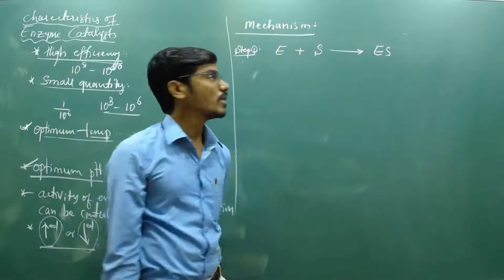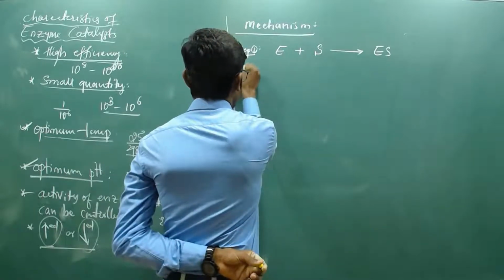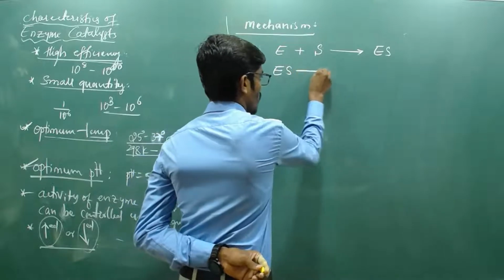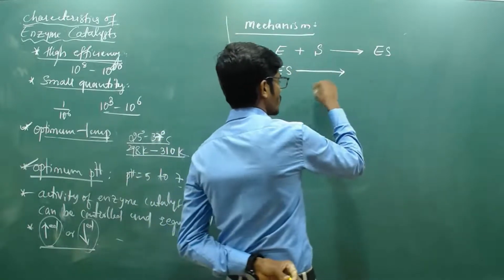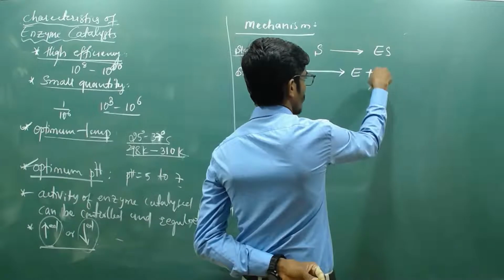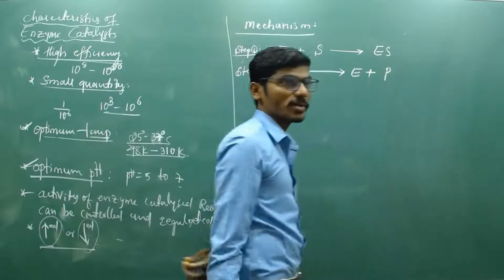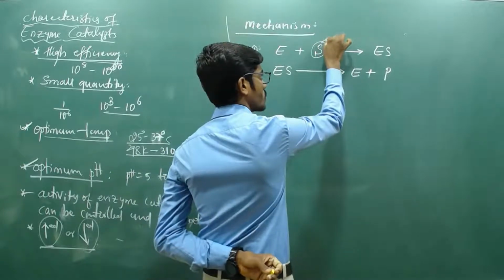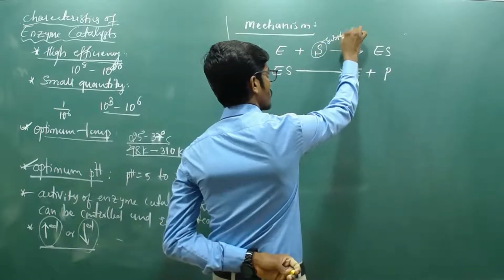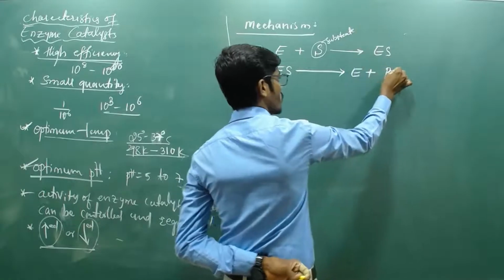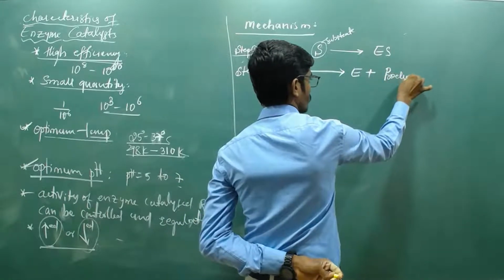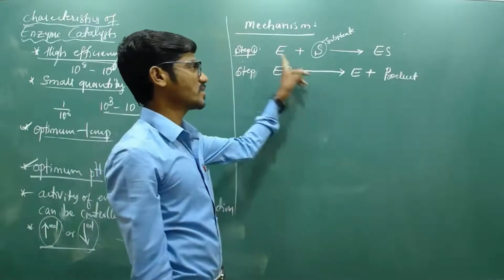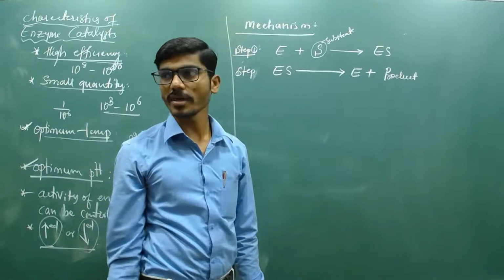That is the first step. In step 2, this enzyme substrate complex, an intermediate, gives rise to enzyme plus product. That means the substrate is converted into product, and the enzyme remains as it is.